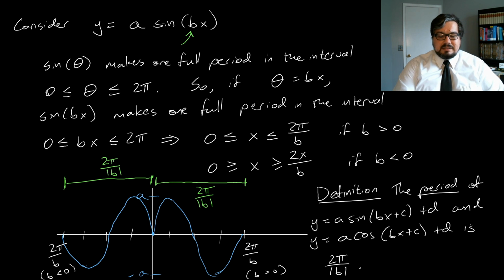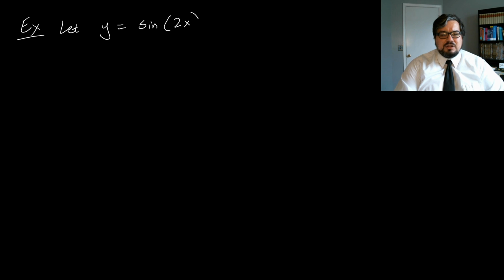So let's see a couple of examples. Let's start with something simple. Let y equal sine 2x. Let's see how we would graph that out. The first thing we'll want to do is identify the amplitude, and the next thing we'll want to do is identify the period.